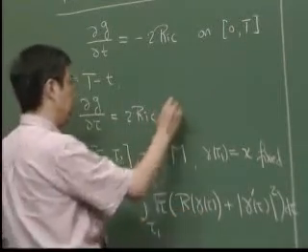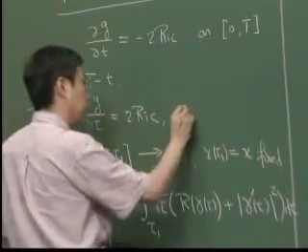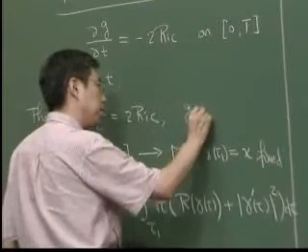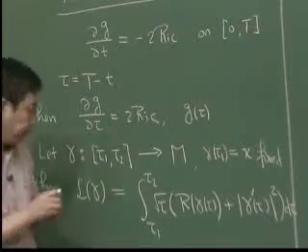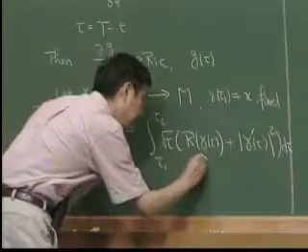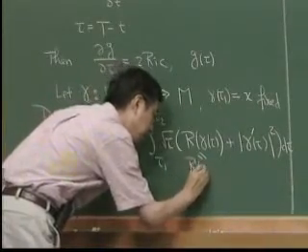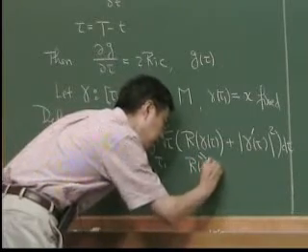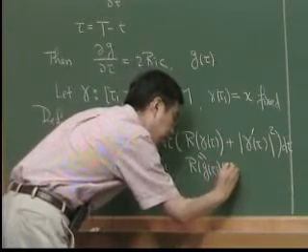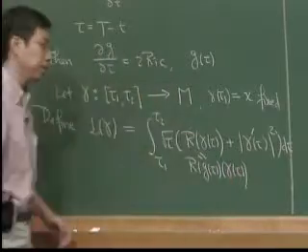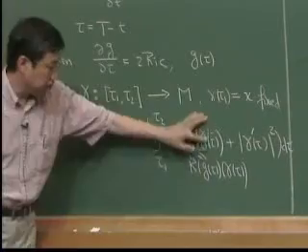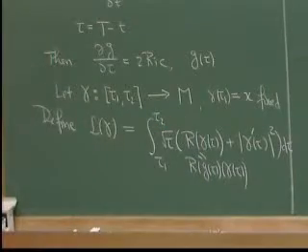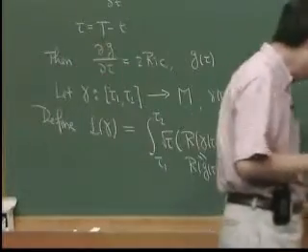I use tau as a parameter, so my metric is parameterized by g tau. More precisely, this should be the scalar curvature of g tau evaluated at the point gamma tau, but for simplicity I just denote it by that. So we have this functional.